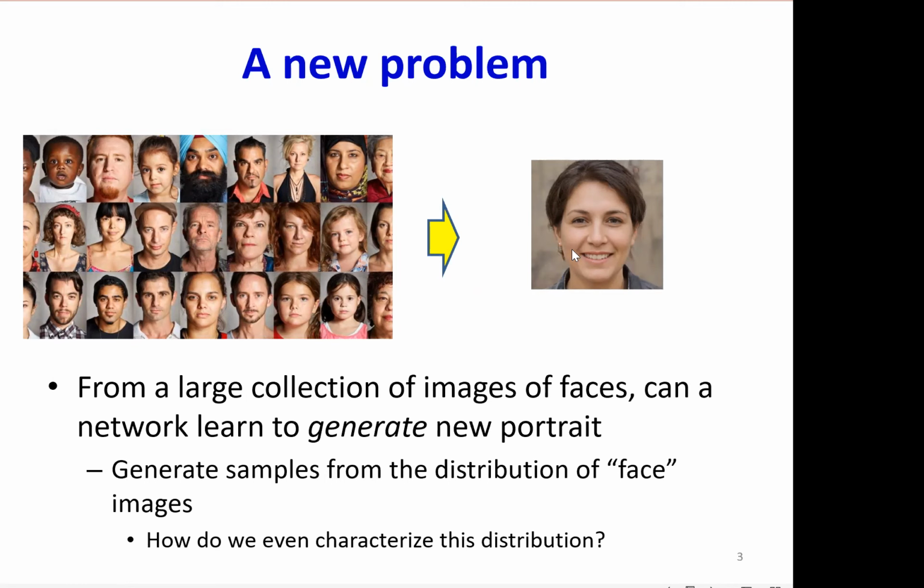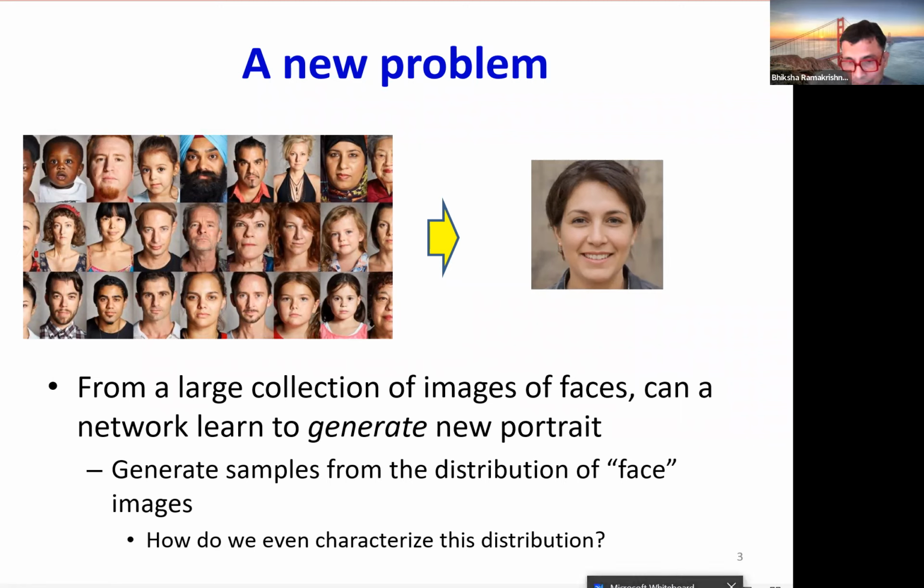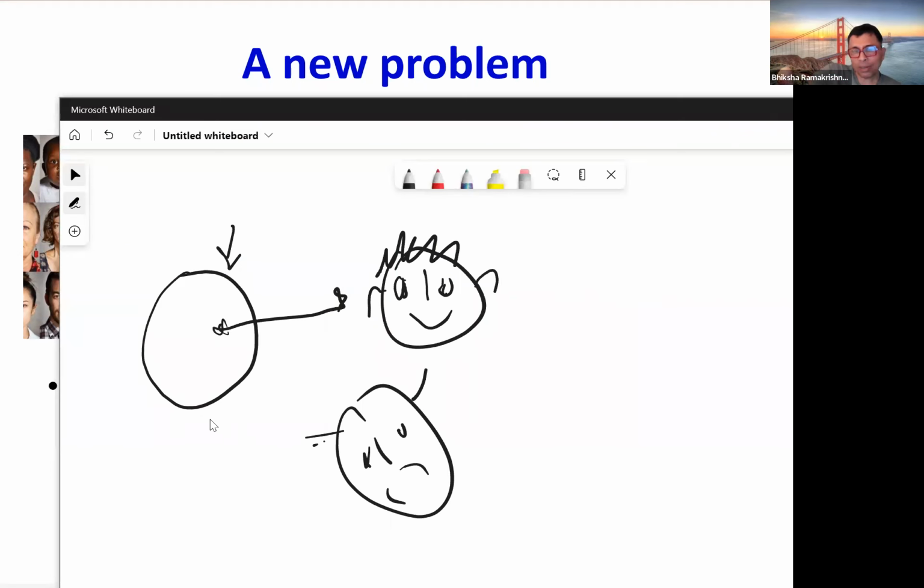But besides that, now here's the problem. The data, faces for example, are in some 1 million dimensional space, if you have a 1,000 by 1,000 pixel image.